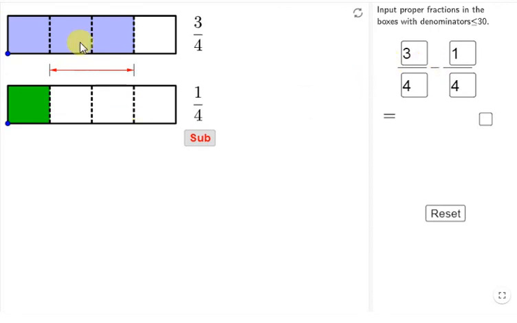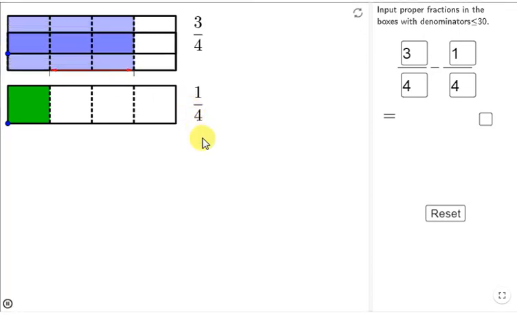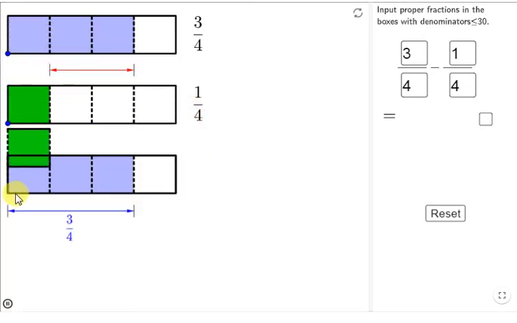So if you have 3/4 and you want to remove 1/4, what portion will be left? If you remove this part, you will only be left with these two parts. This is what you had, and you subtracted this part, so you are left with only this blue part.